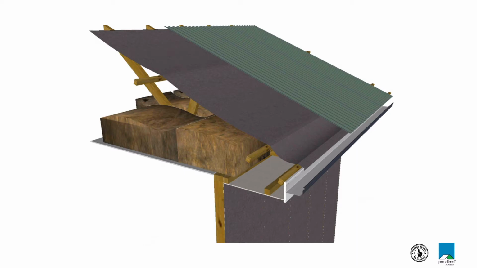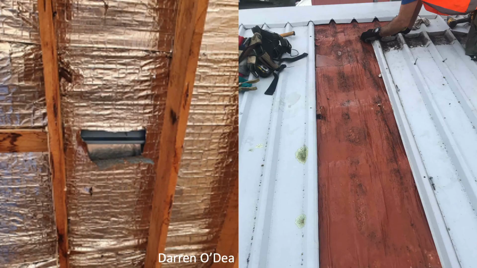And the idea here is that moisture might accumulate when it's cold, so for example at night time, and then when the sun comes out, heats up the metal roof, it's going to essentially bake the membrane dry again. That's all well and good, except that it happens day in and day out.